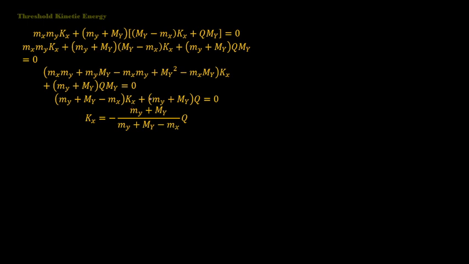Now we divide both sides by this factor. Dividing by this factor on both sides, we will have only K_x on one side and minus m_x m_y Q on the other side. So this second equation is obtained from the first equation by only dividing by this factor on both the sides.